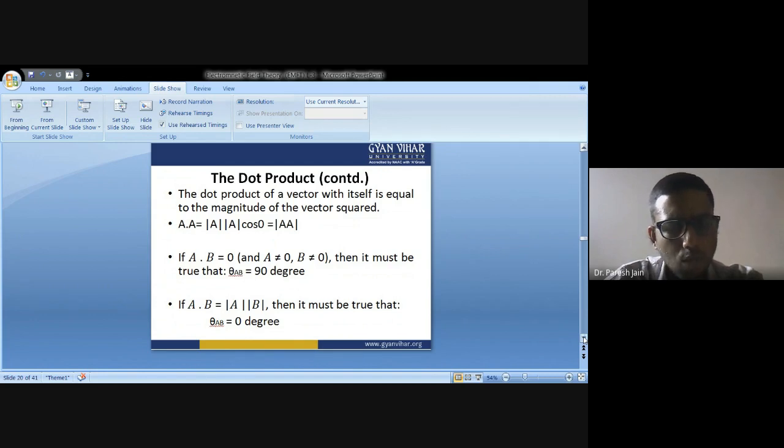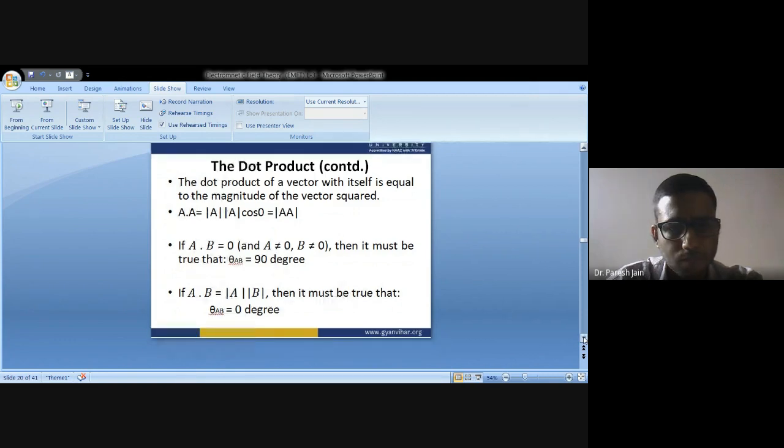When A dot A, a vector multiplied by itself, then there will be the square of the same vector.